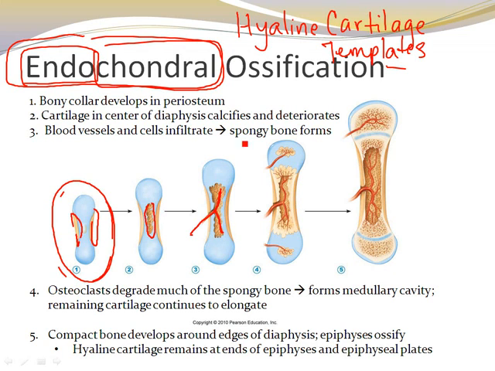And what they do is they make a whole bunch of spongy bone. So they come in here and they start converting a lot of that deteriorated cartilage over to spongy bone tissue.